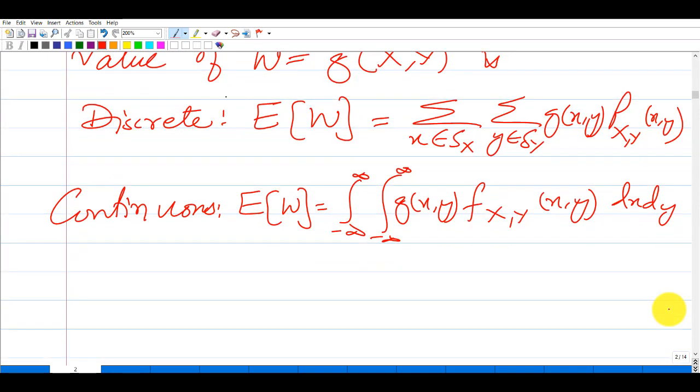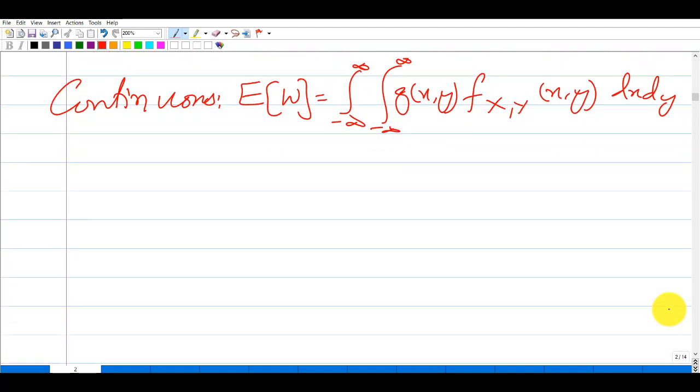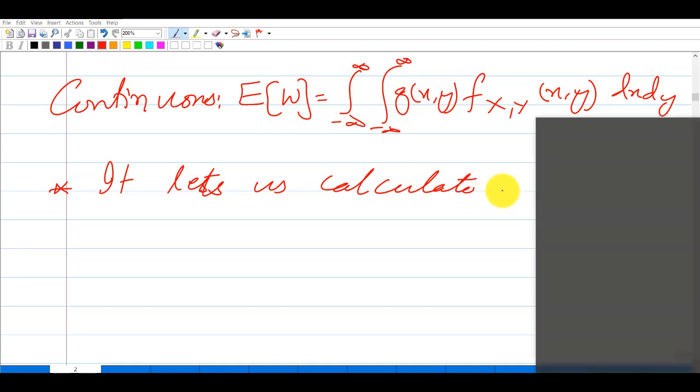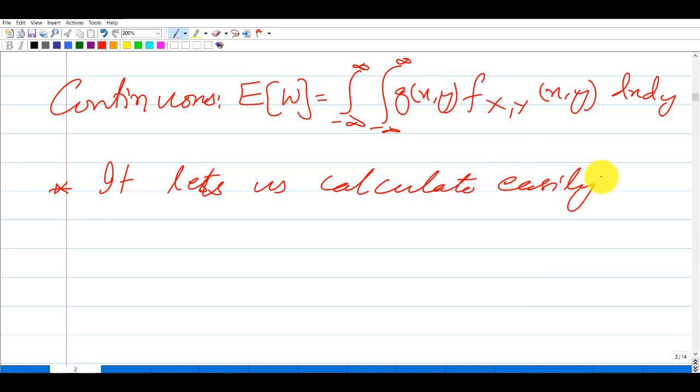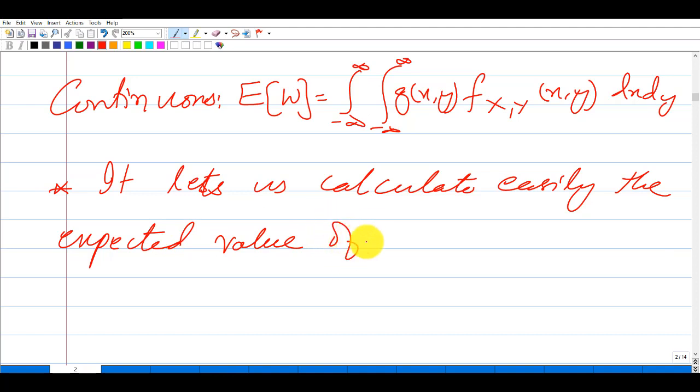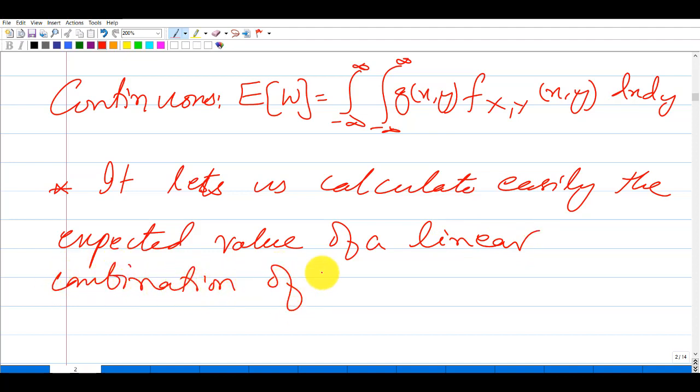So this is very convenient, and it also leads to another interesting theorem. It actually lets us calculate easily the expected value of a linear combination of several functions.